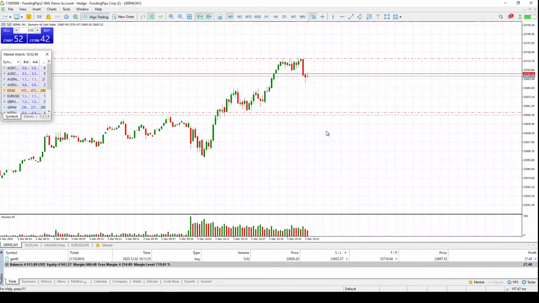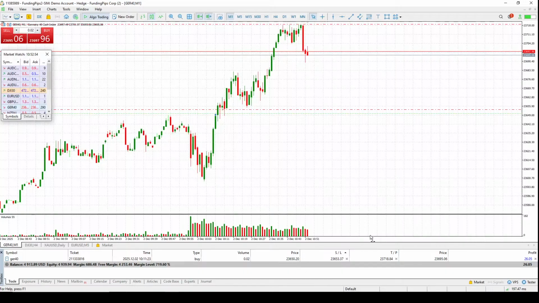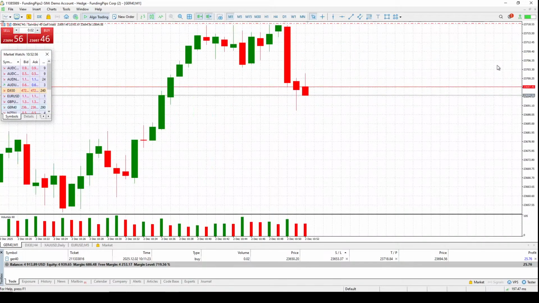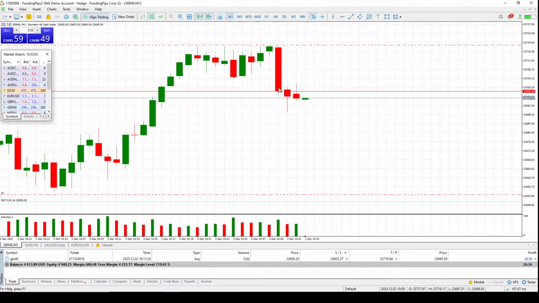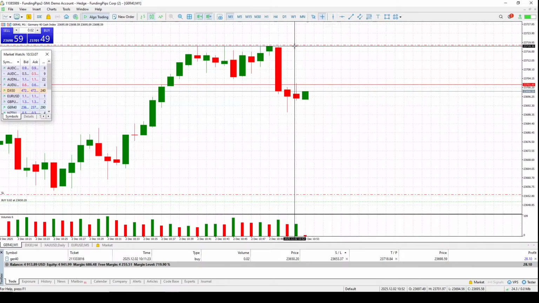I thought it would tap our take profit, but look how many times it almost touched our take profit. I think this is half a point, and this one just ran away from the price, which is really disappointing.